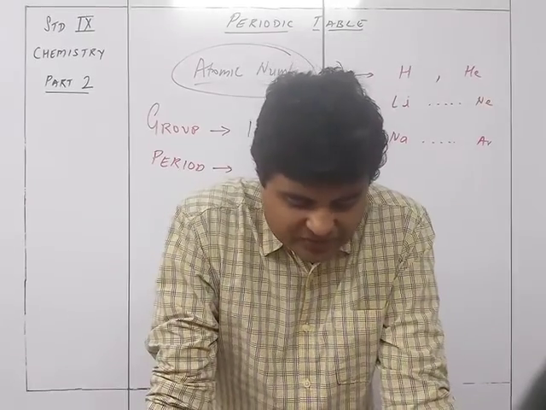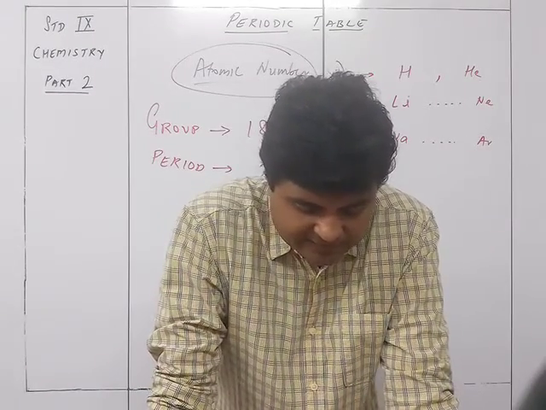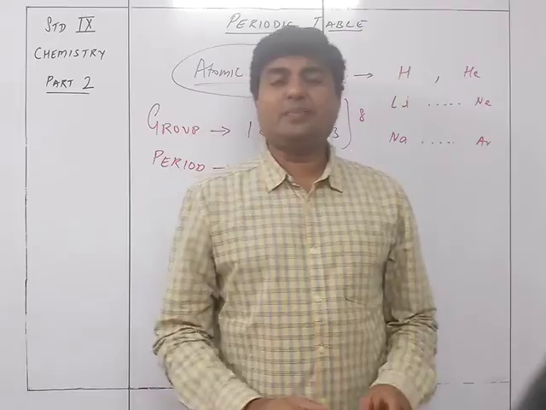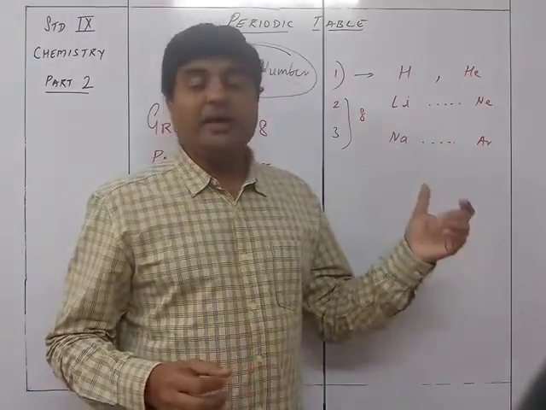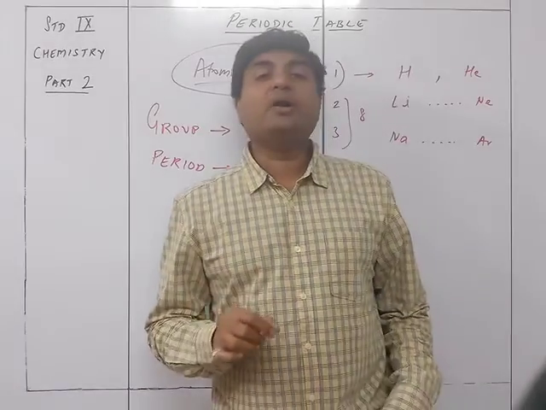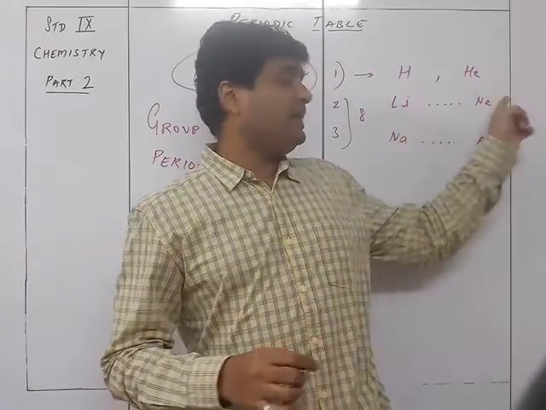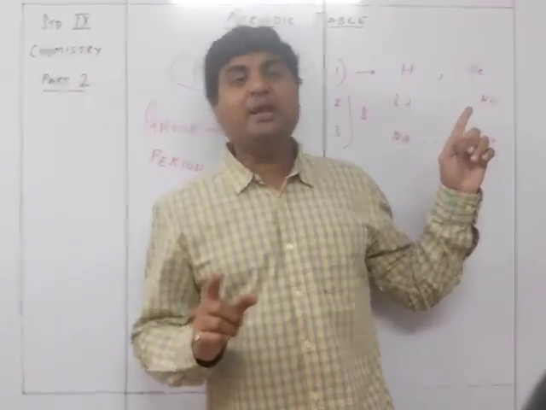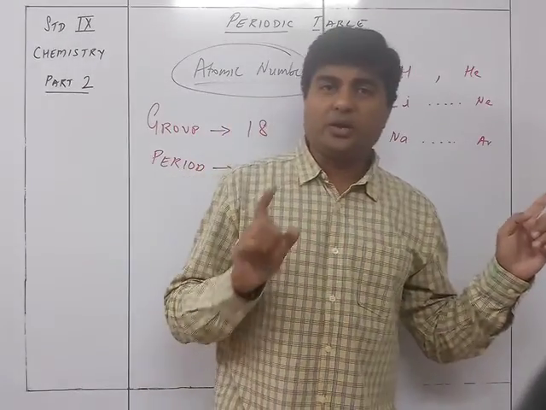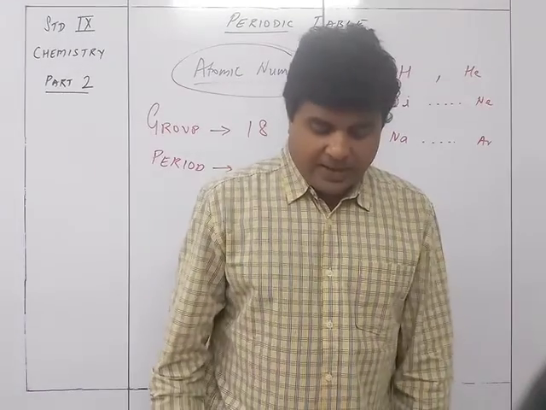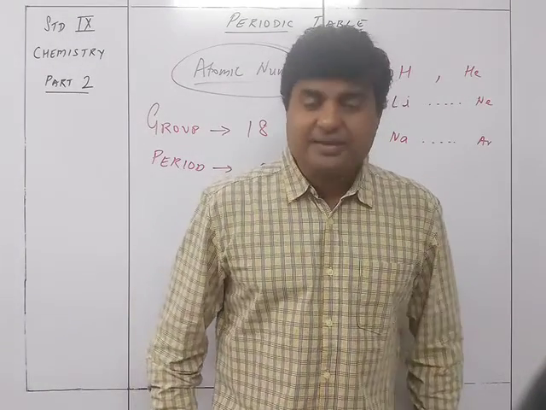So what are the property trends of the elements from left to right? What is the similarity in the properties in a particular period of the periodic table? It is seen that the number of electron shells in a period remains the same. And another thing is the transition of valency.